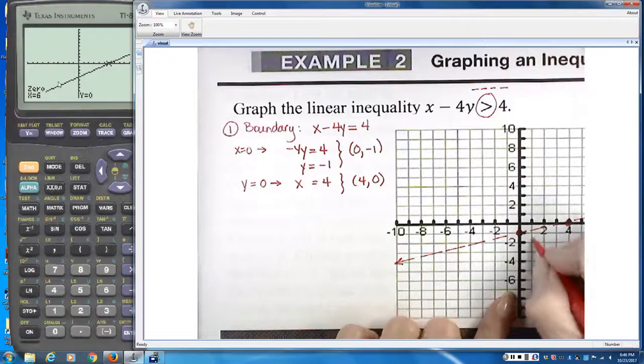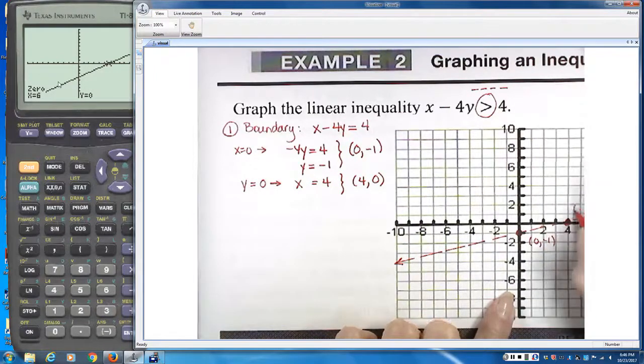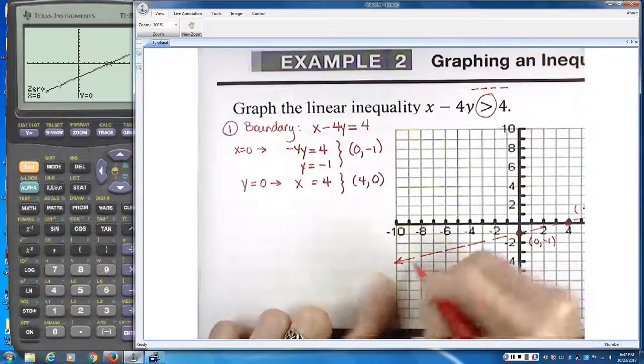Of course, you label your x and y intercepts. And you put your equation somewhere near the line.